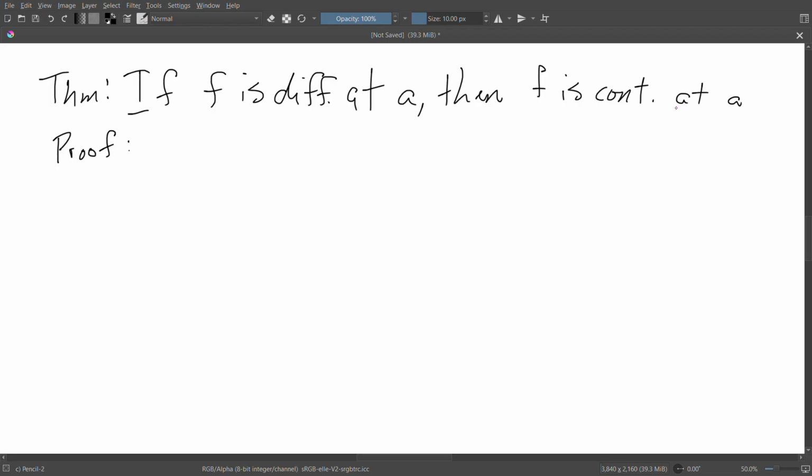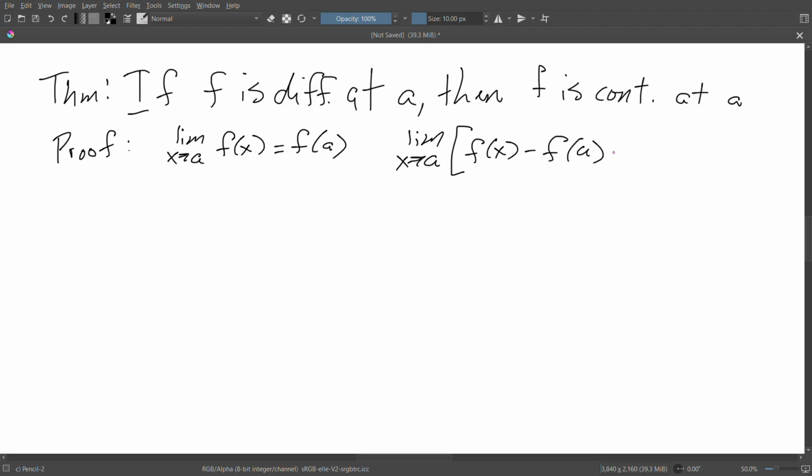So we want to show that it's continuous at A, so we have to show that the limit as x approaches A of f of x is equal to f of A. And an equivalent way of writing this is we need to show that the limit as x approaches A of f of x minus f of A is equal to 0.